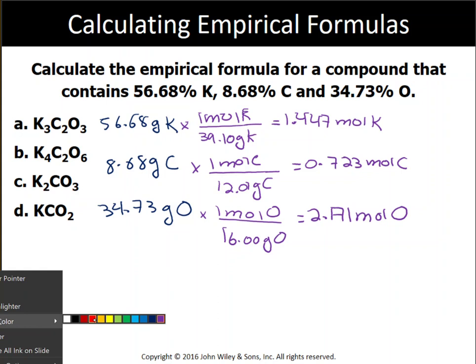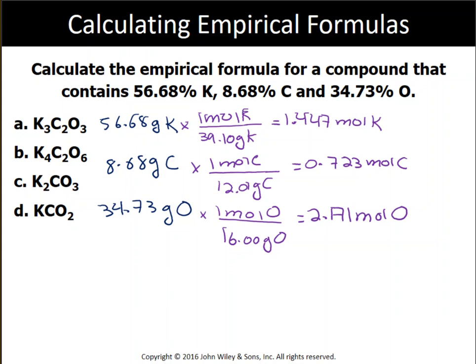Now, next step is finding the smallest molar ratio. So the smallest number of moles that I see here is 0.723 moles of carbon. So I'm going to divide everything by 0.723 moles.